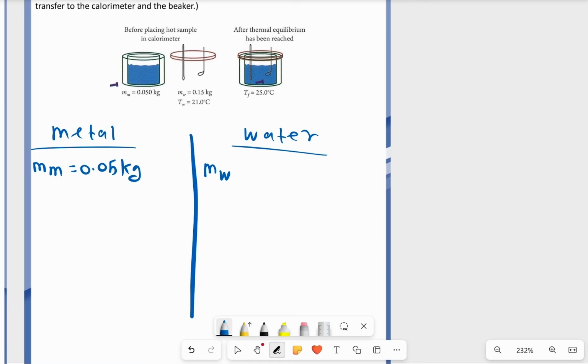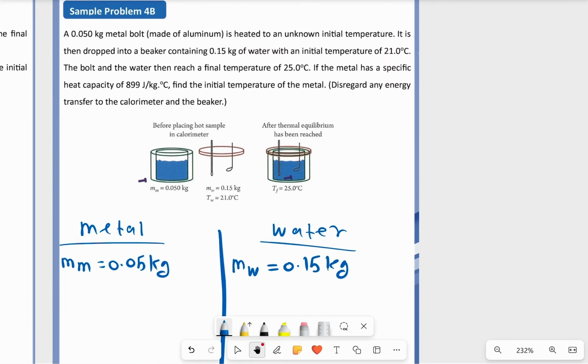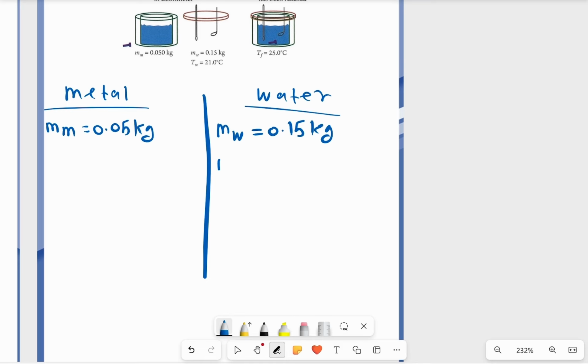It doesn't matter. Mass of the water is equal to 0.15 kilogram, with an initial temperature of 21 Celsius. Here we have the initial temperature for water: T initial is equal to 21 Celsius.